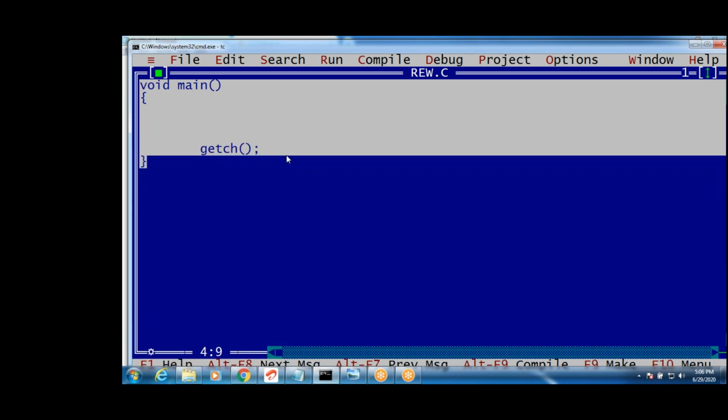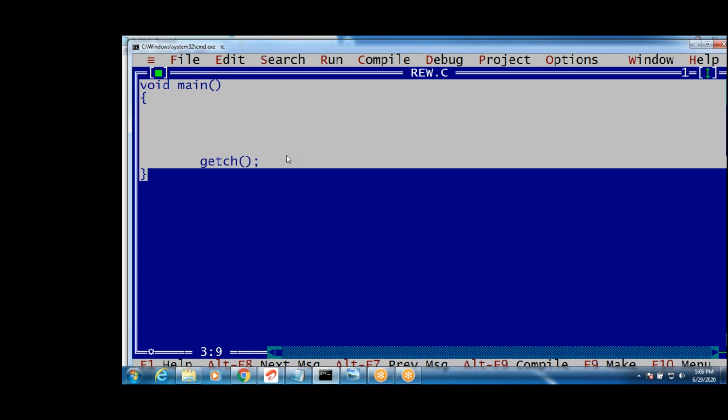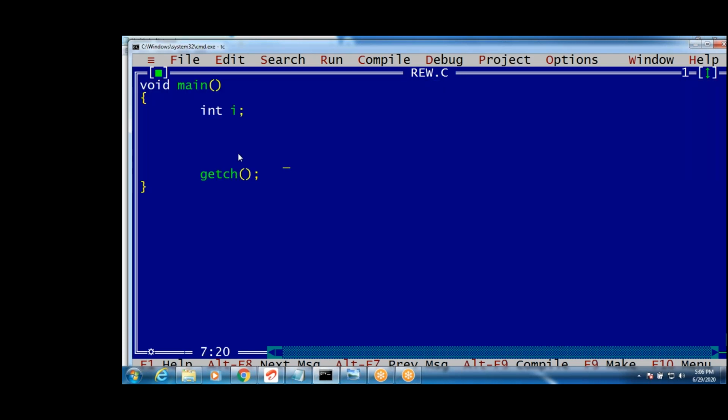I equals to 1 first. While of I less than or equals to 5. Now I value will be printed. Printf. We are going to print percentile d comma I. Now see this. And I plus plus.